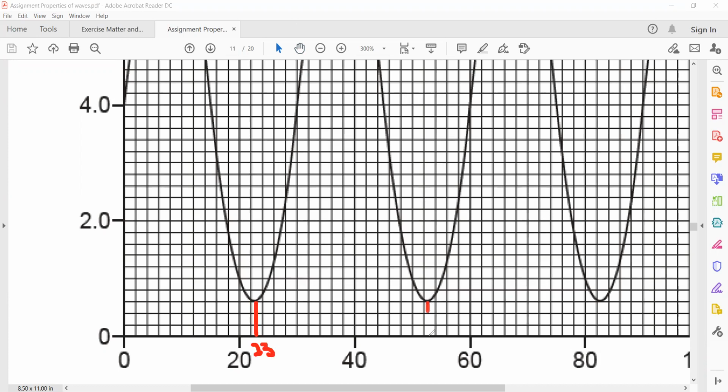This one is also between... so when you take this distance, 42, 44, 46, 48, 50, 52, 53.